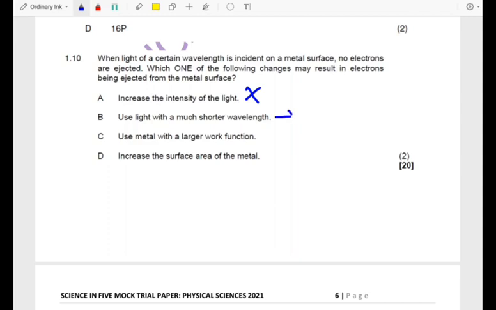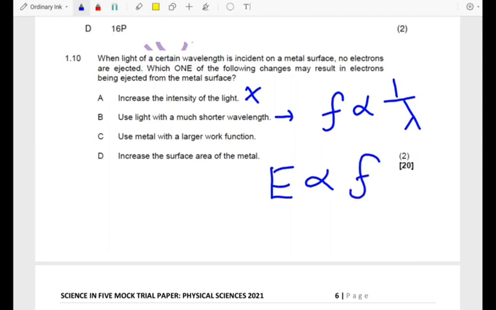If you use light with a shorter wavelength, we know that frequency is inversely proportional to wavelength. The shorter the wavelength, the higher the frequency. And the energy of radiation is directly proportional to the frequency. So B would work.